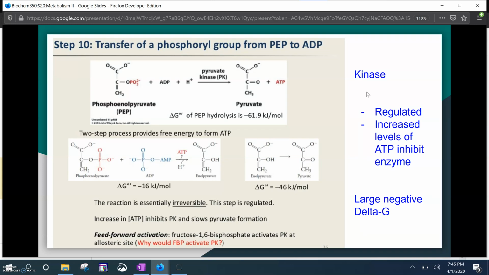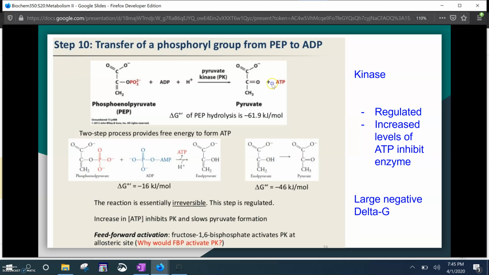So we finally get to the last step, which is the transfer of a phosphoryl group from this PEP, phosphoenolpyruvate, to ADP, making pyruvate. And again, if we're transferring a phosphate group, it's a kinase. So this is a regulated step. Increased levels of ATP will inhibit this enzyme.